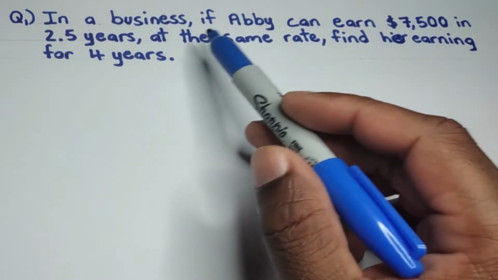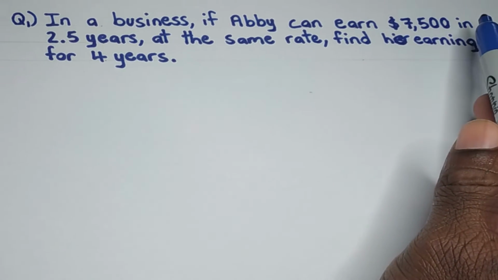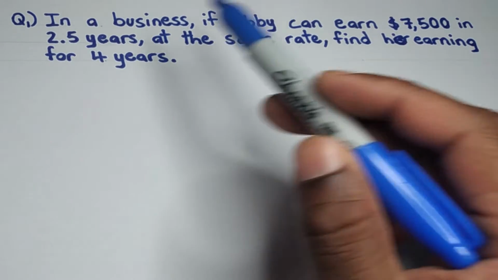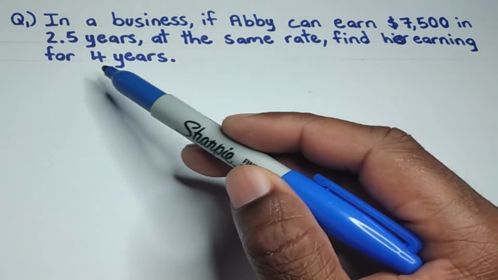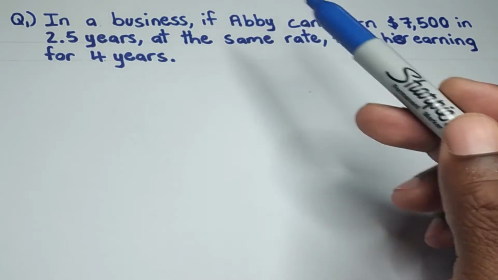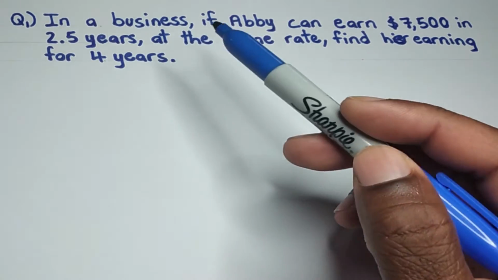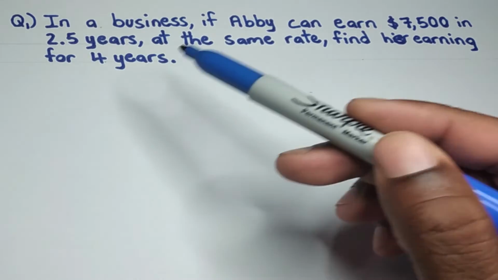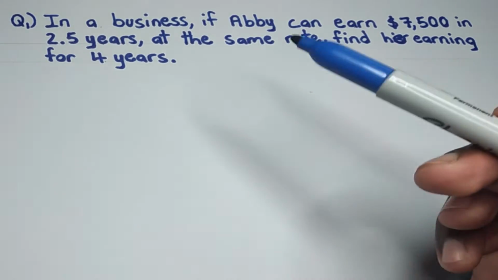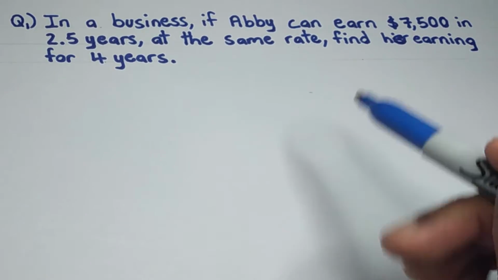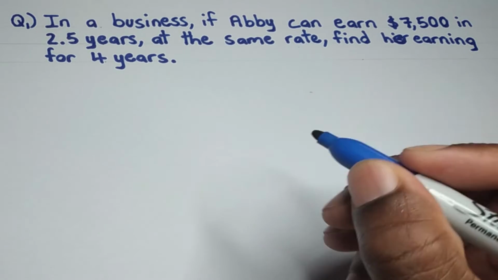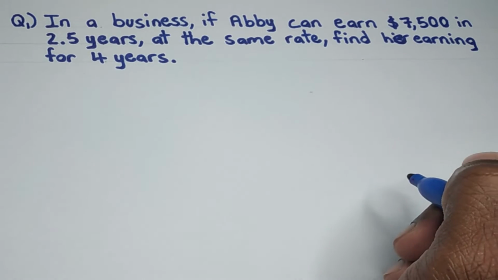So think about it. If she can earn $7,500 in 2.5 years, then she must be able to make more money over a 4-year period, alright? So if the amount of years increases, then she should be able to earn more money, alright? That means this is a direct proportional problem, alright?